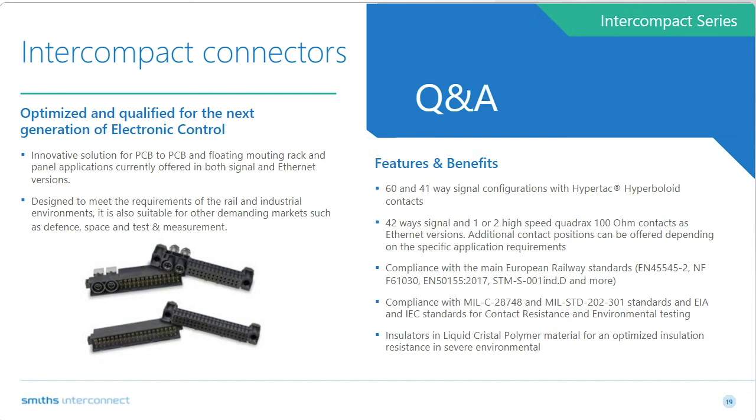In some ways, the architecture of the product has been defined in the way it has been defined. We can play around with the configuration in the case of a 60-way connector. For example, if you don't need all the 60, then you can reach out to us and we can work around it.